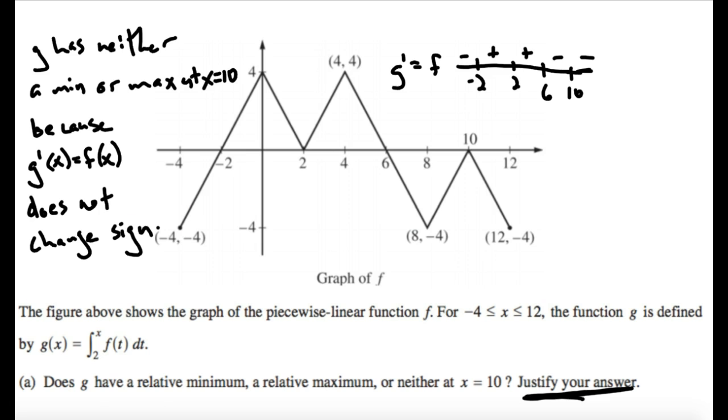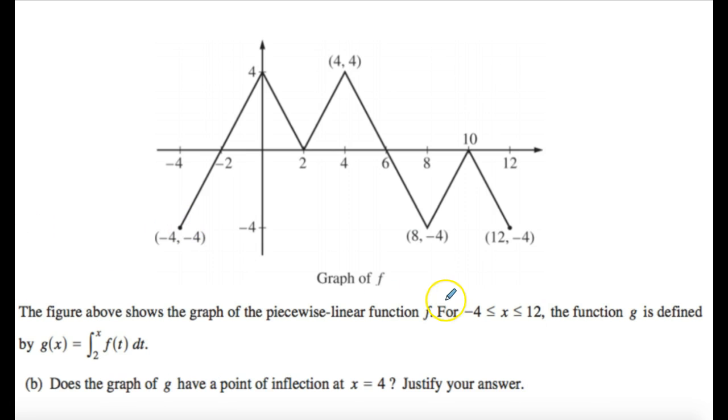Next part, part B, says, does the graph have a point of inflection at x equals 4? Okay, well, points of inflection, we think about second derivative. So if I make a second derivative sign chart here, remember that's wherever the slope changes sign. So that would occur at 0, at 2, at 4, at 8, and at 10.